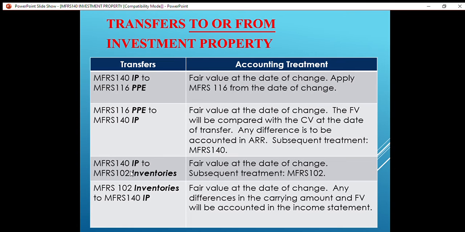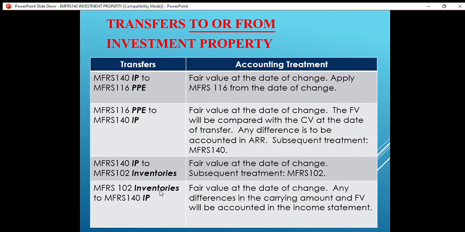Alright, and for the third type of transfer, that is from MFRS 140 investment property to MFRS 102 inventories. So for this transfer, the fair value should be applied at the date of change. For subsequent treatment, the entity should apply the MFRS 102 for inventories.